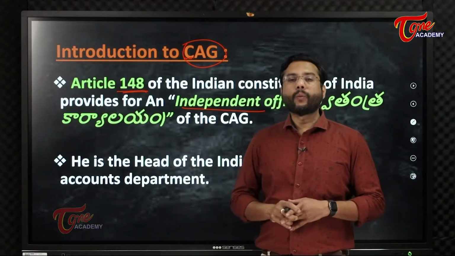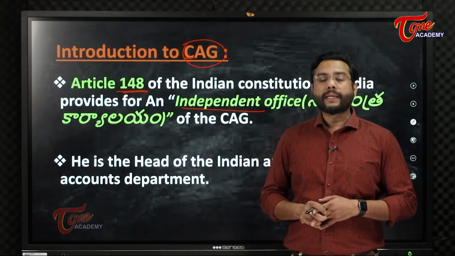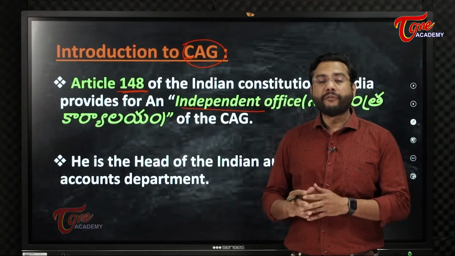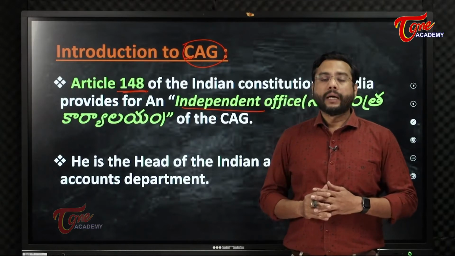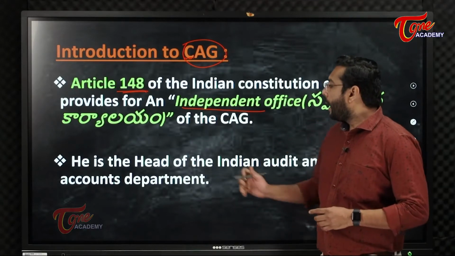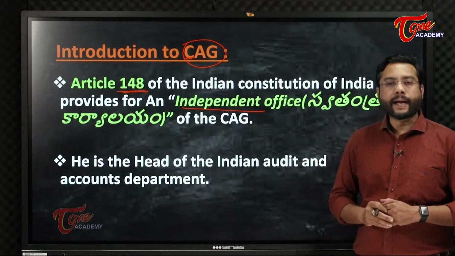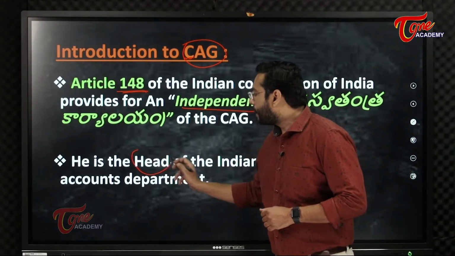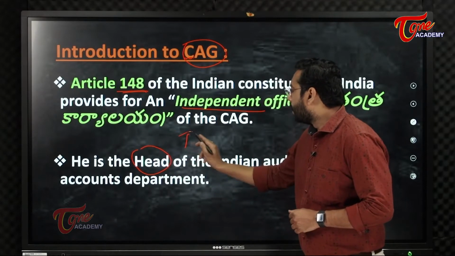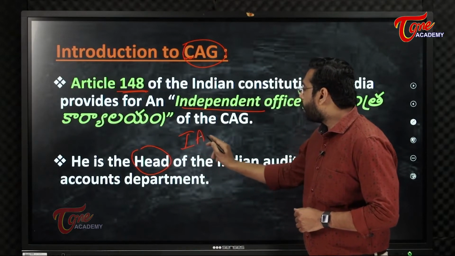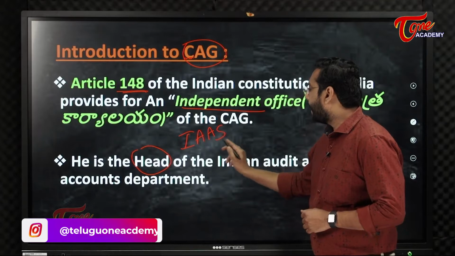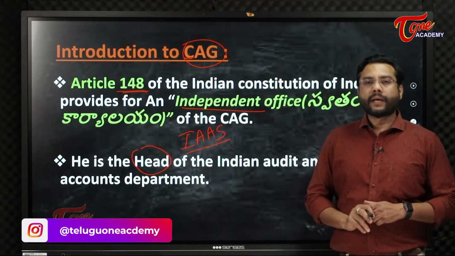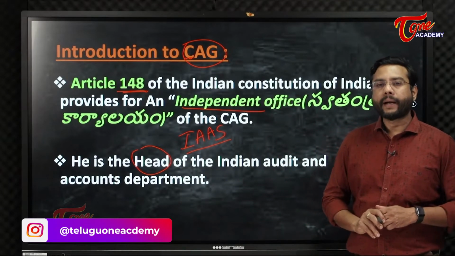And that is the reason why Dr. B.R. Ambedkar called this a very important office under the Constitution. And one more thing is, the CAG is the head of the Audit and Accounts Department. We have a separate service, the Indian Audit and Accounts Service, IAAS. This department is headed by the CAG.